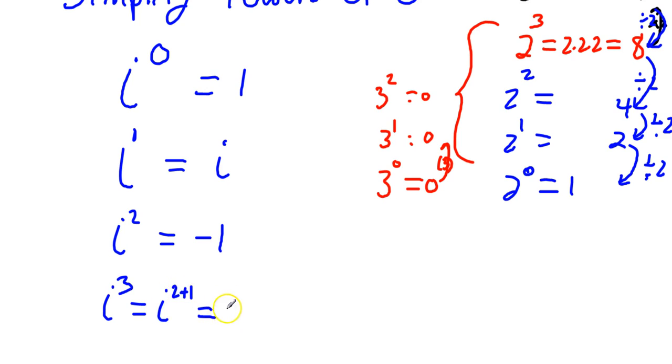And we just said that I squared. So you can basically break it apart as I squared. If you got 2 plus 1, you could say it's I squared plus I to the first. And I squared was negative 1. And I was just I. So if you do negative 1 times I, that would make it negative I.